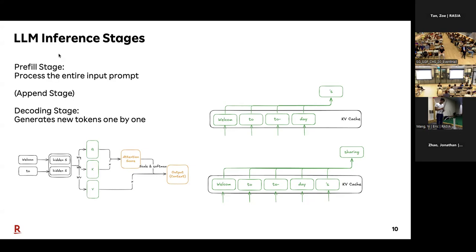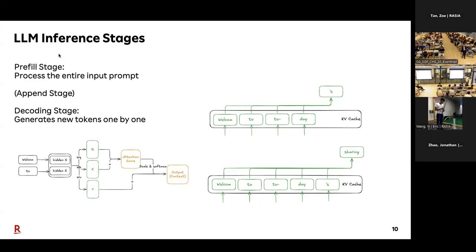It's like you input "welcome to today", and it first processes these words in the prefill stage, which can do the computation in a parallel way and store the KV caches in your system, actually in the high bandwidth memory of the GPU.